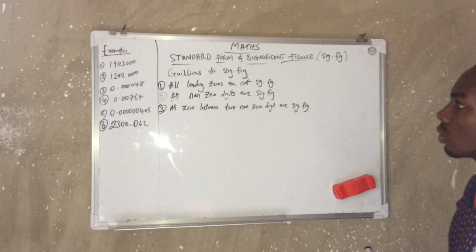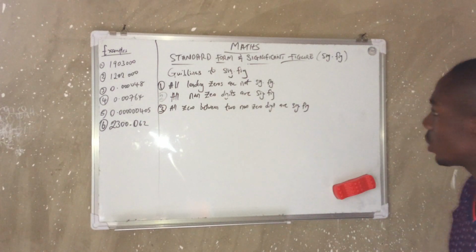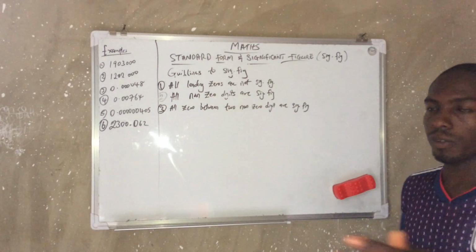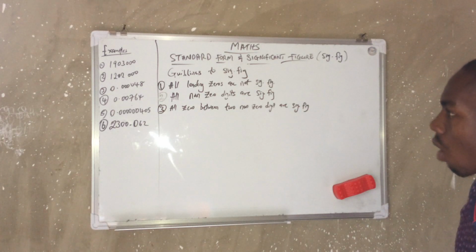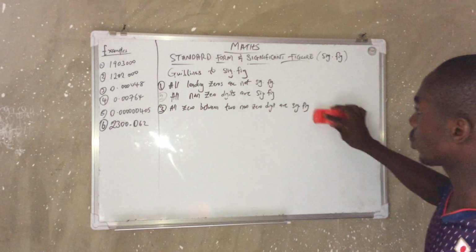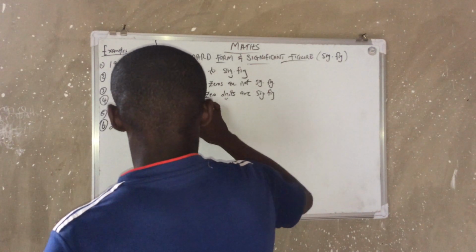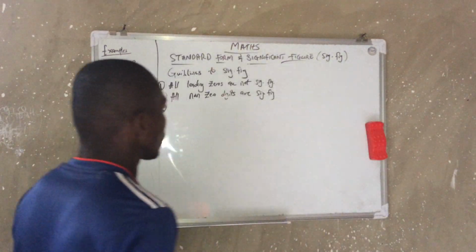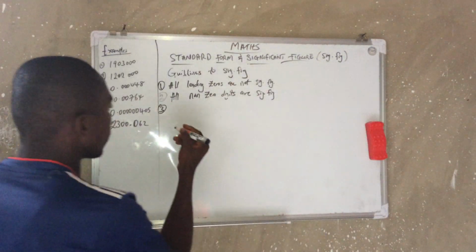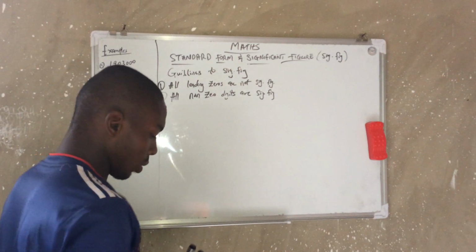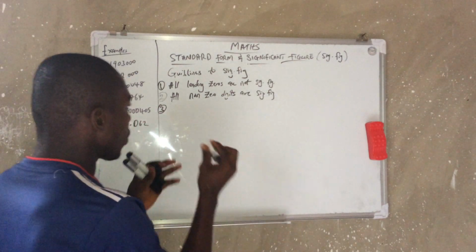Is it that all zeros between two non-zero digits are significant figures? I think this should be number 4. This should be number 4. Number 3 says that is what I want to put here.